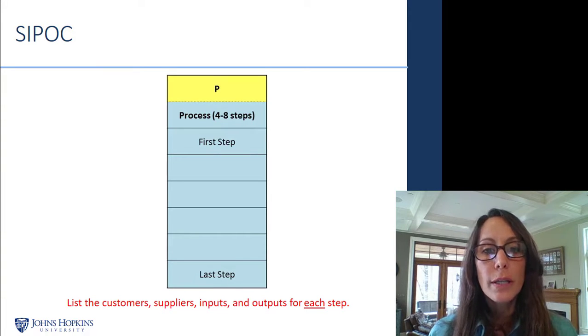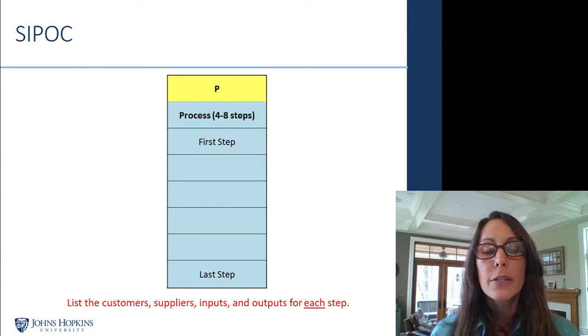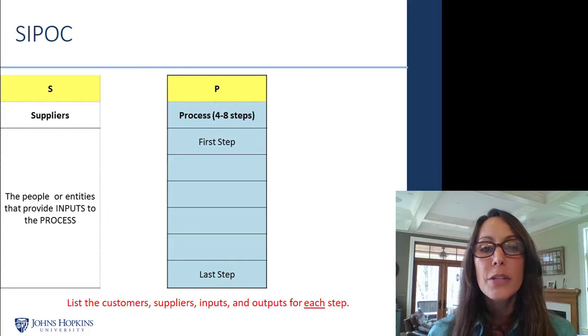So we start with our process, and we list our first step and our last, and then 4 to 8 steps in between. All right, so we're listing really 4 to 8 high-level process steps. And then we start building from the outside in.